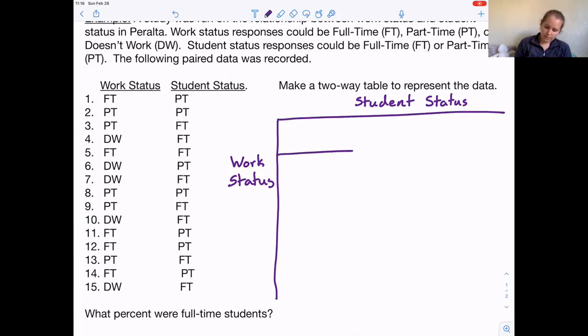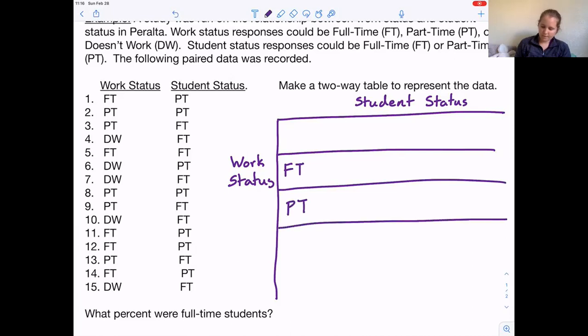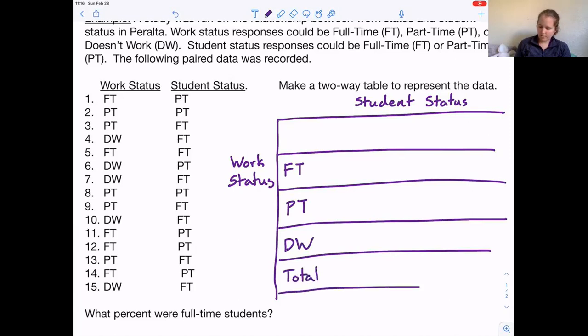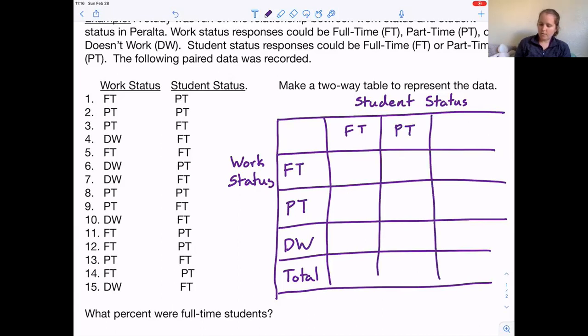For work, they worked full-time, part-time, they don't work, and then we'll put it all together and have a total. For student, they were full-time students, part-time students, or total.